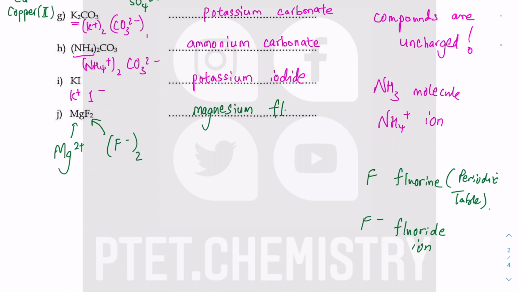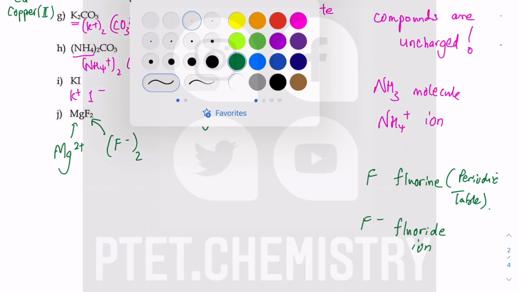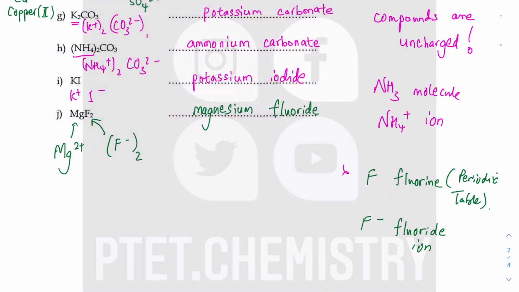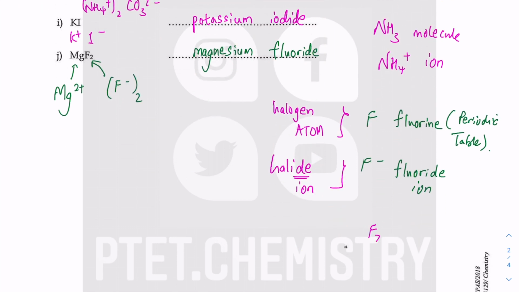So fluoride, chloride, bromide, iodide, those are what you call halide ions. This is a halogen atom. This is a halide, with an IDE, ion. And you have another one. This is also fluorine, and this is a halogen molecule.